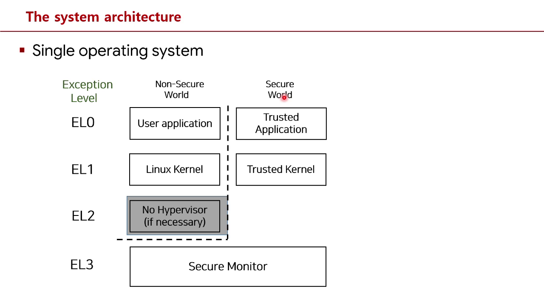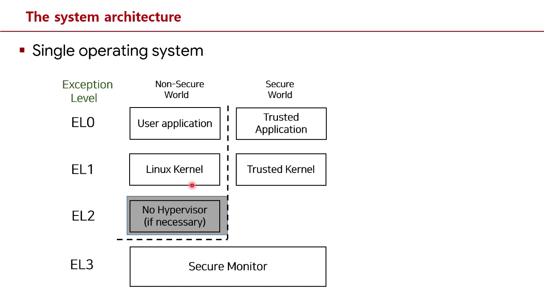This kind of operation may happen during runtime if security sensitive data should be handled in the secure world. And then the software completes its task in the secure world. Later on, the SMC instruction is run again to go back to EL1 in the non-secure world.